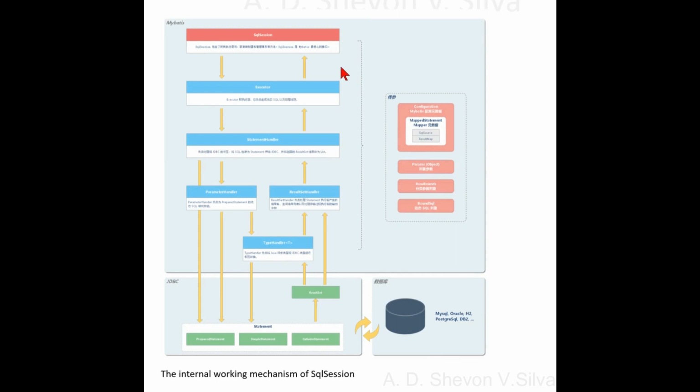In fact, SqlSession realizes the assurance of tasks by aggregating multiple subcomponents and letting each subcomponent be responsible for its own function. So let us briefly understand the core subcomponents of SqlSession.